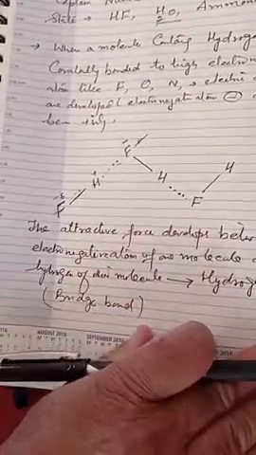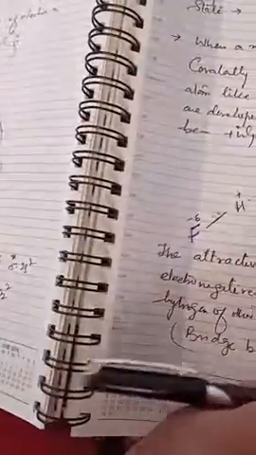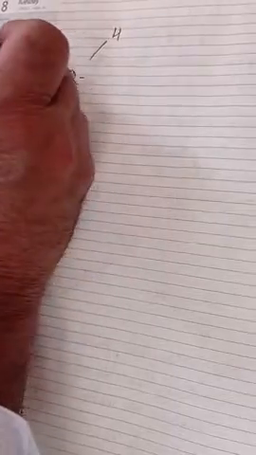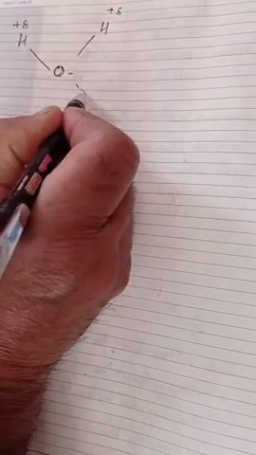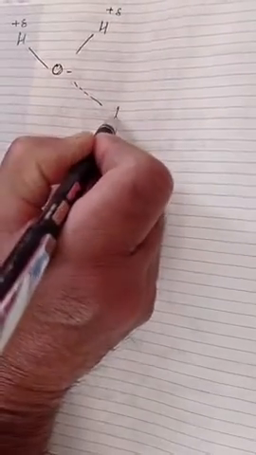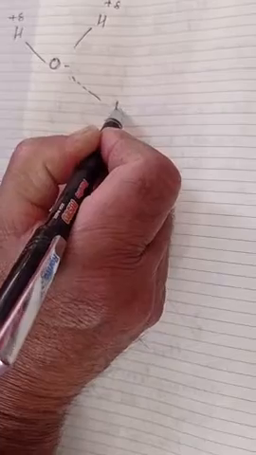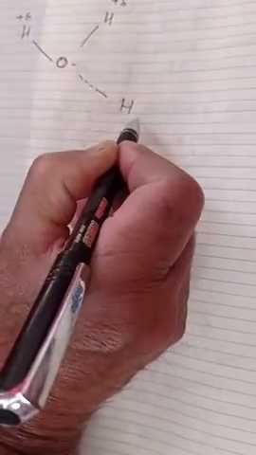For example, if I take the case of the water molecule, I will write this is water. This oxygen being electronegative, hydrogen develops a slight positive charge. With the result, this oxygen forms a hydrogen bond. It attracts the hydrogen of another molecule.